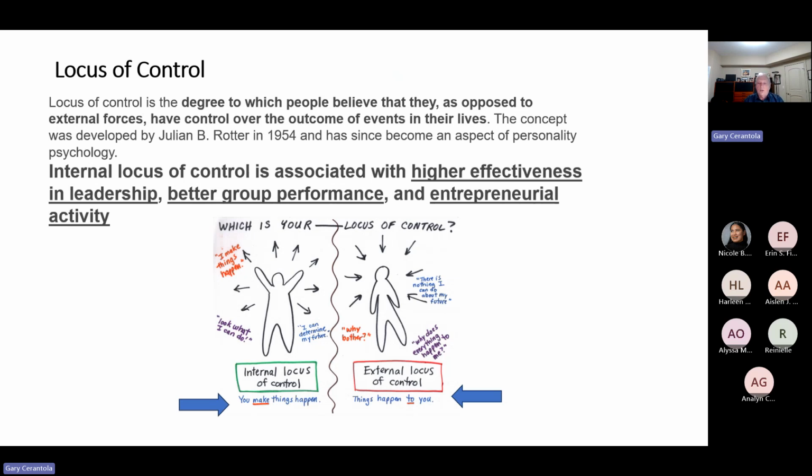Okay, then, what is locus of control? Locus of control is associated with higher effectiveness in leadership, better group performance, and entrepreneurial activity. So if you have an internal locus of control, that means that you can make things happen. You could say, hey, I'll deal with that.